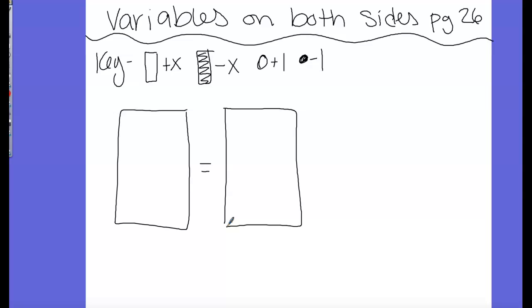Okay? So our first problem is going to be 8 plus 4D equals 5D. And then you can write that off to the side so that you have it ready for your algebra.